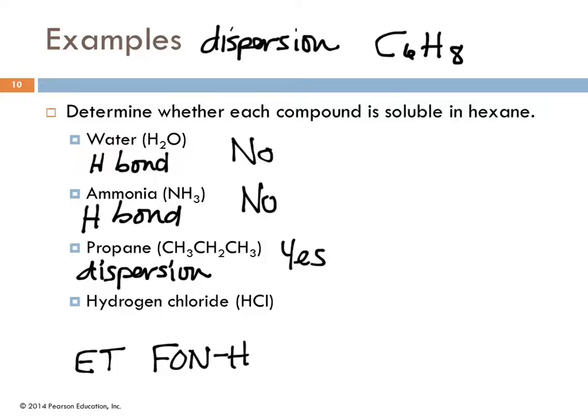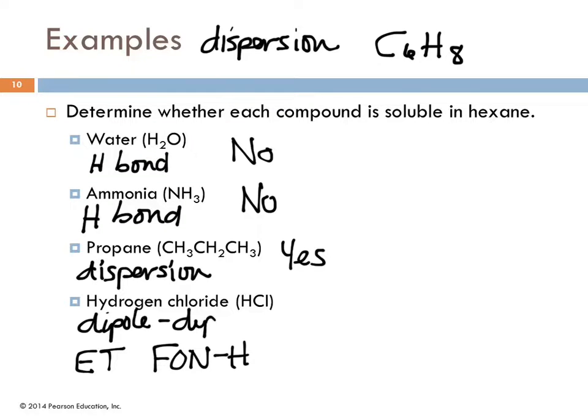In order to have hydrogen bonding, we have to have fluorine, oxygen, or nitrogen bonded to hydrogen. Here we have hydrogen. This is a polar molecule, no hydrogen bonding. So what kind of forces does it have? Dipole-dipole forces.